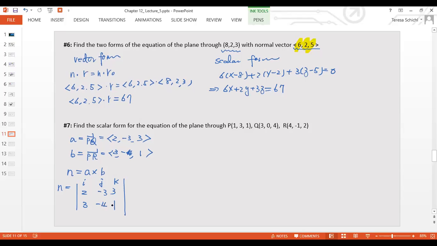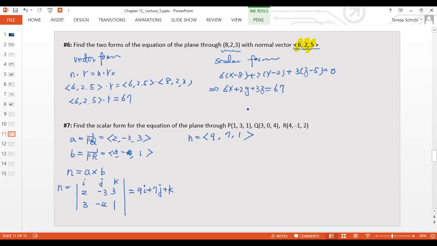I assume you know how to do that. And so here the answer is 9i, I already did that, plus 7j, and plus k here, right? So now I know my normal vector is 9, 7, 1.